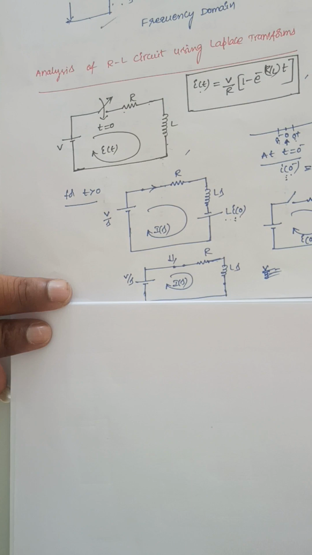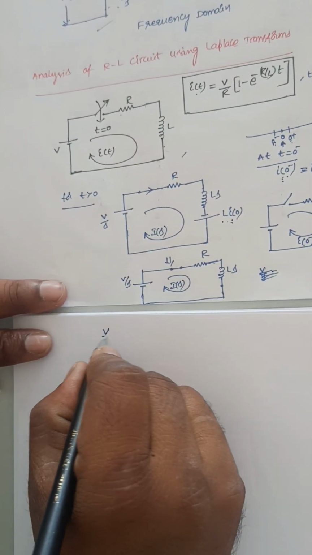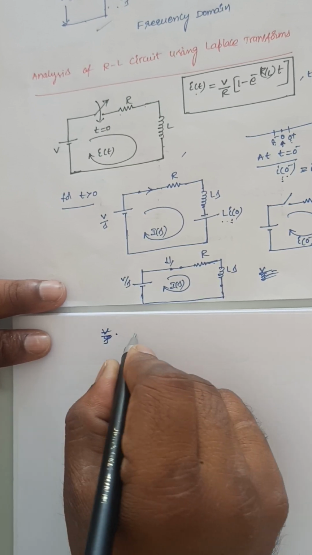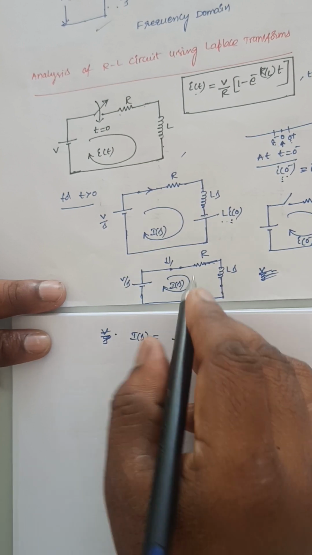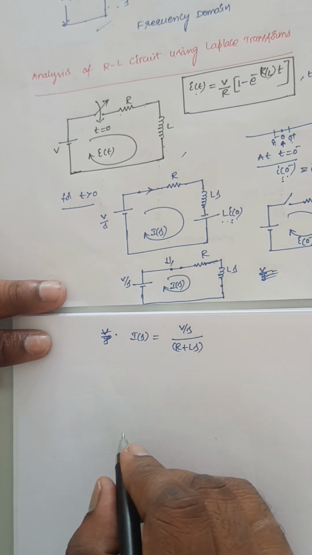So it is V by S for this. I of S is equal to voltage V by S divided by this impedance, that is R plus Ls.